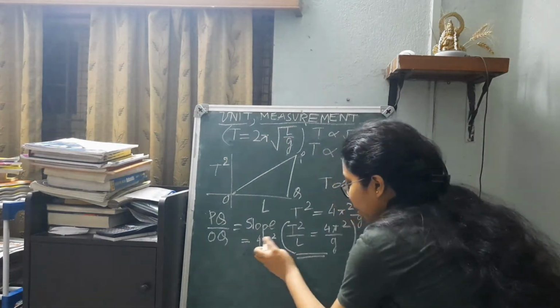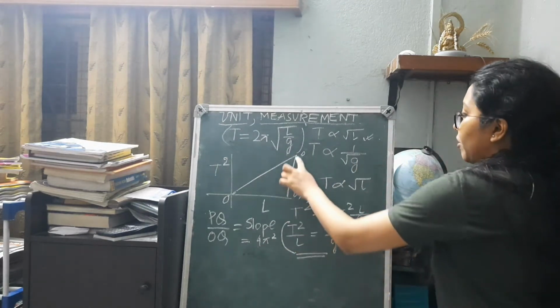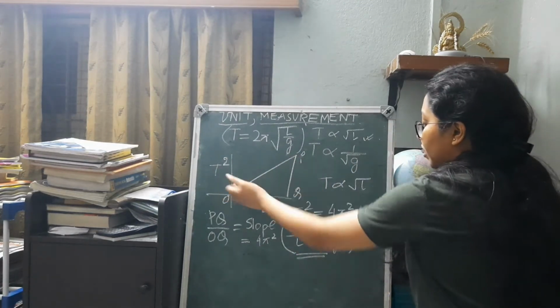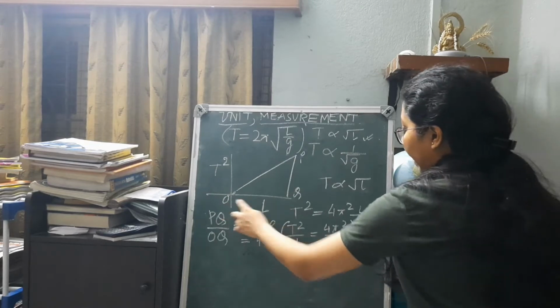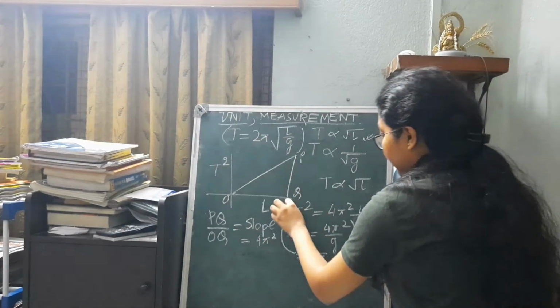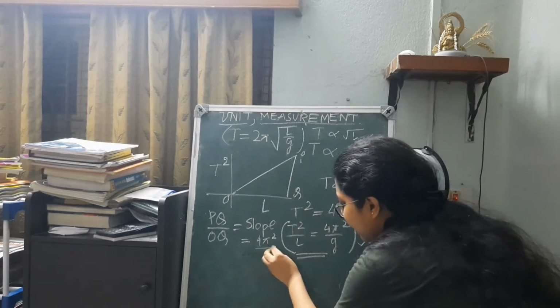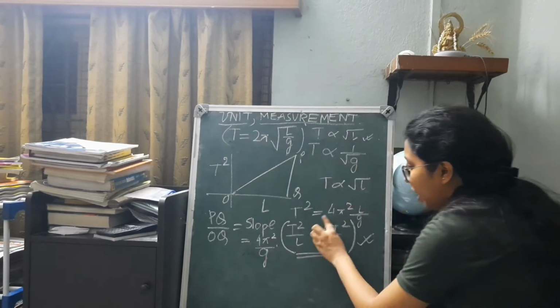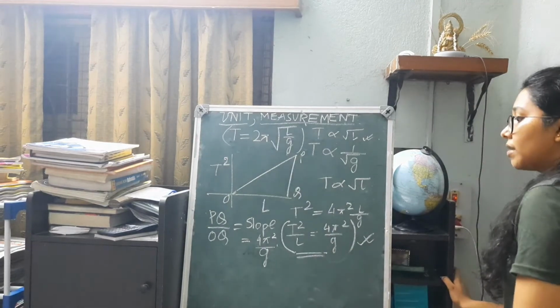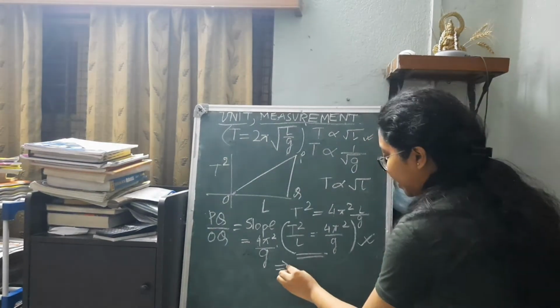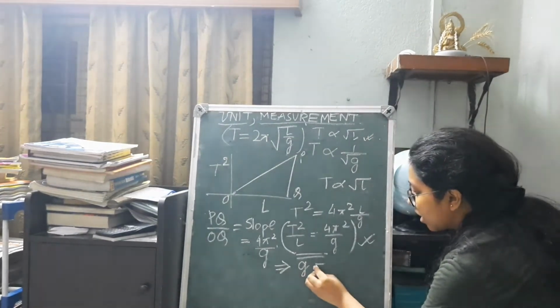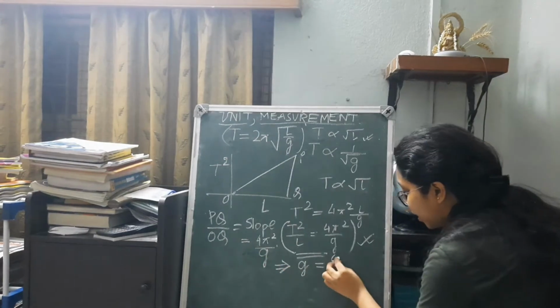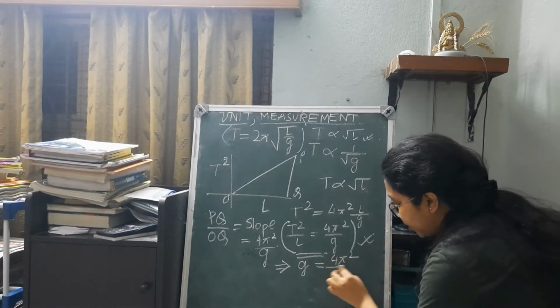This slope, which is nothing but t square by L, because y2 minus y1 is the value of t square and this is the value of L, right? As a result, we have already found out that the slope is t square by L, and we have found that it is 4 pi square by g. That implies g is equal to, shifting it to this side, 4 pi square by slope.